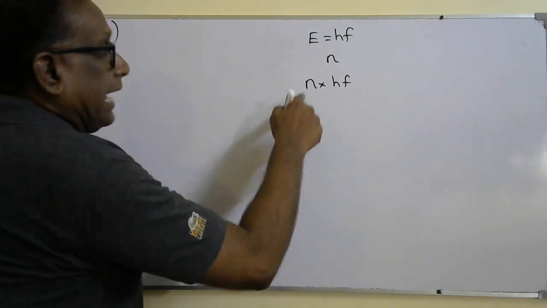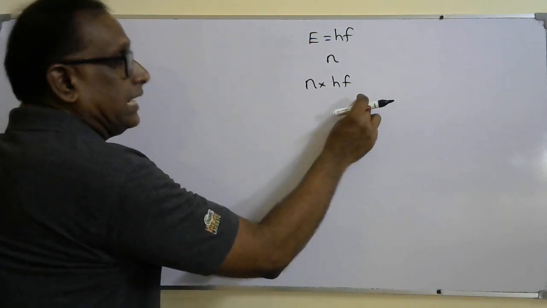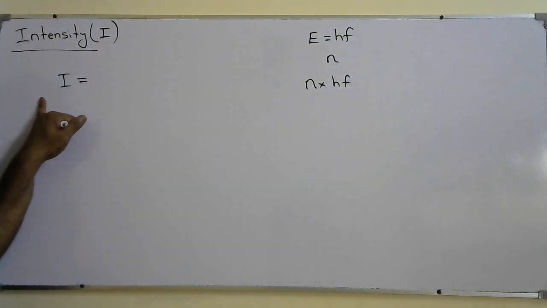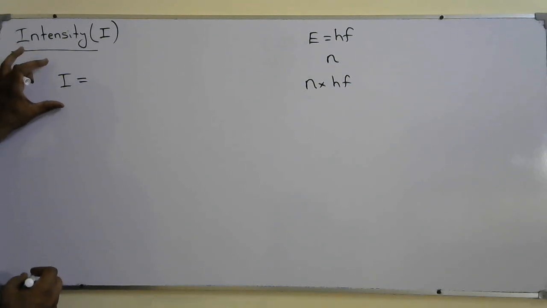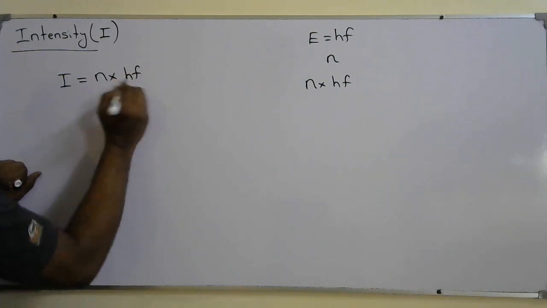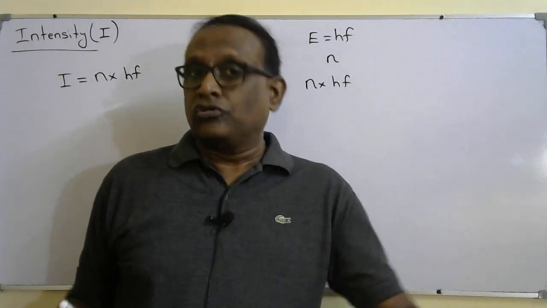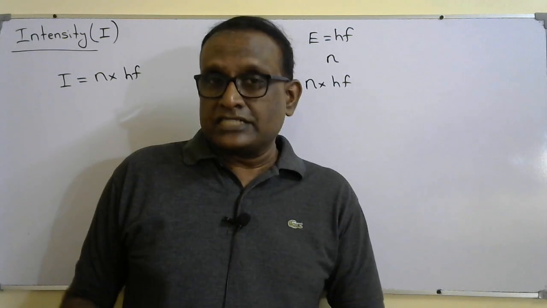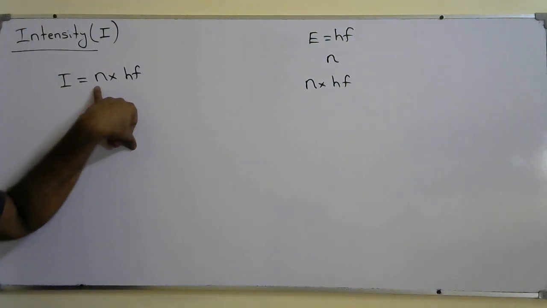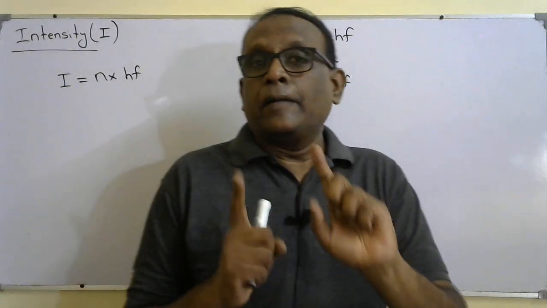So n into HF gives the amount of energy passing through unit area per second, that is the intensity. So in the photon model, intensity is given by I equal n times HF, where HF is the energy of a photon of particular frequency of electromagnetic radiation. What is n? N is the number of photons passing through unit area per second.